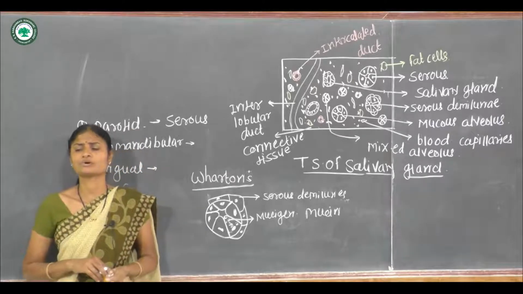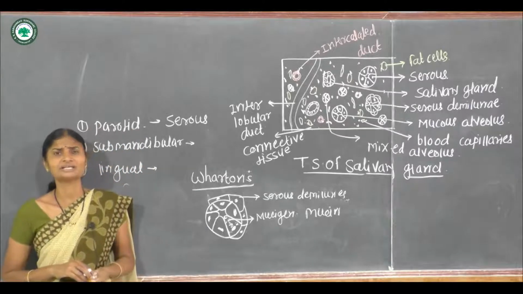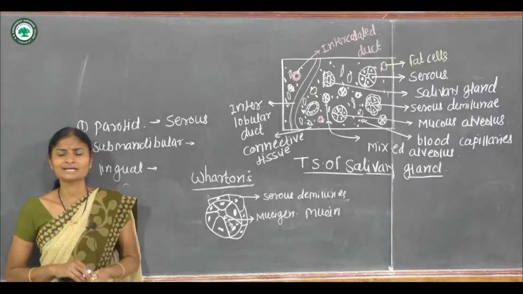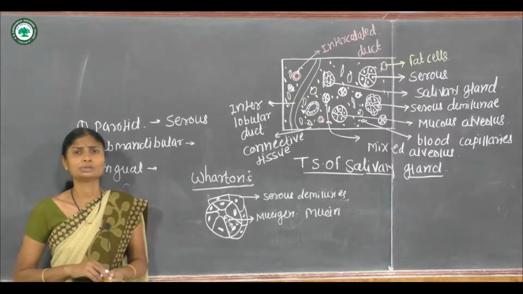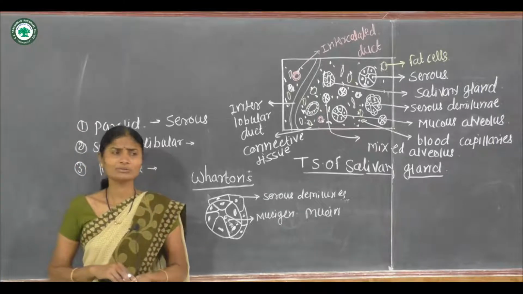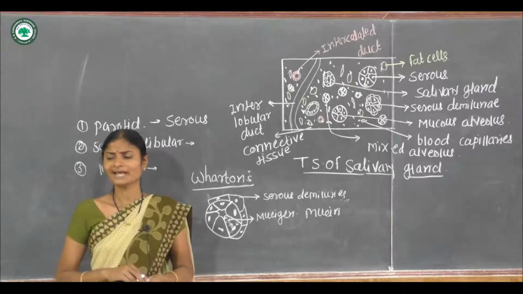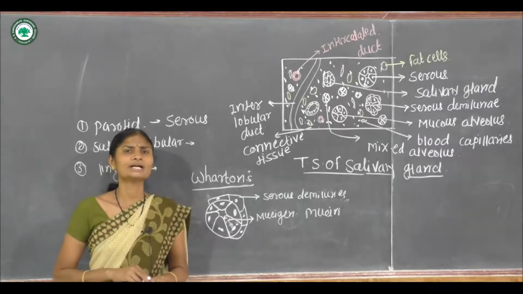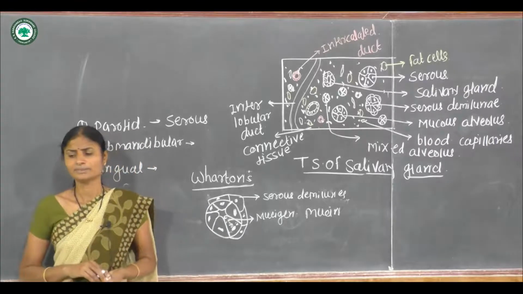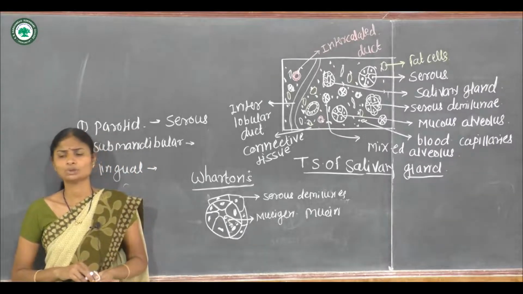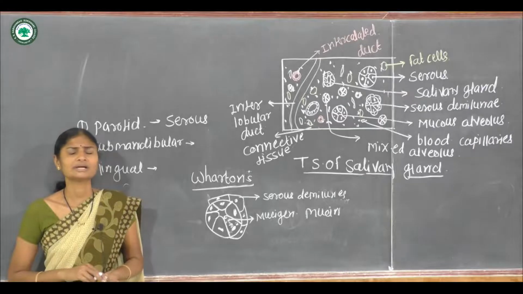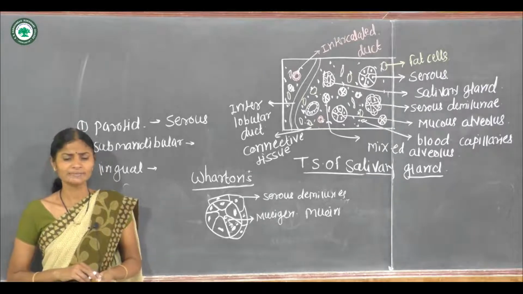Two types of ducts are present: intralobular ducts, present inside the lobule, and interlobular ducts, present between the lobules within the connective tissue septa.